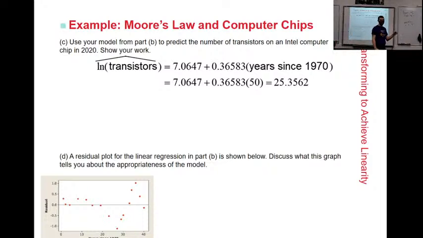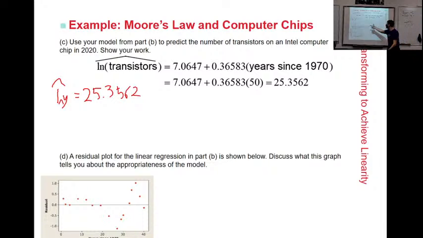Okay, now here's where logs come in. So this is natural log of y hat, or the hat goes above the whole thing, equals 25.3562. And so remember, the answer to a logarithm is an exponent.